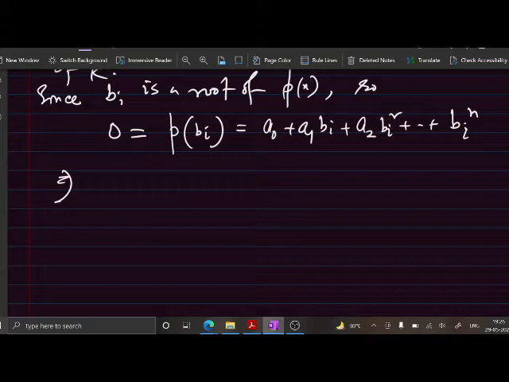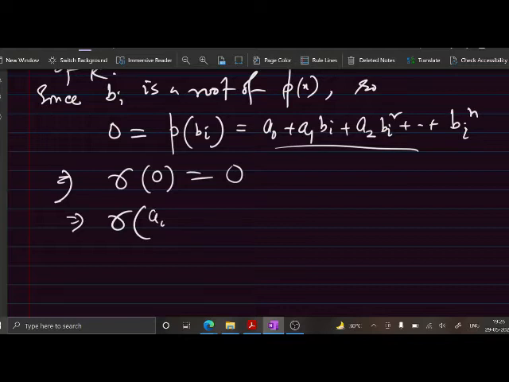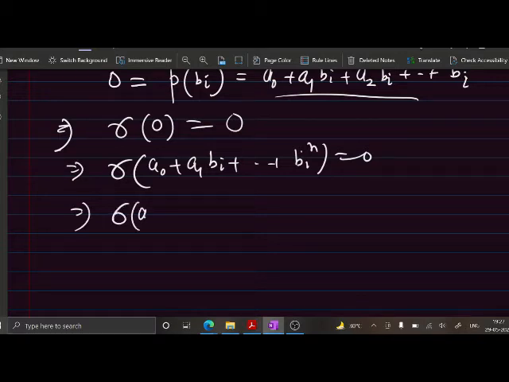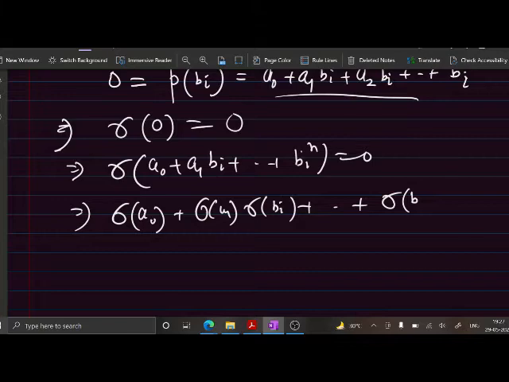This implies now sigma of 0 equals 0, right? That is sigma of this one, so it is sigma of a0 plus sigma of a1 sigma of bi plus ... plus sigma of bi to the power n equals 0.